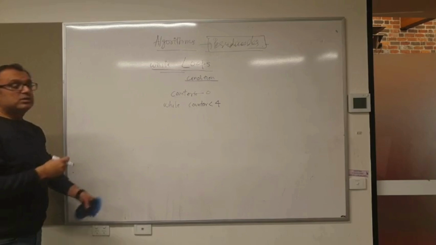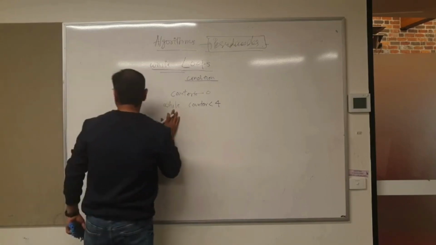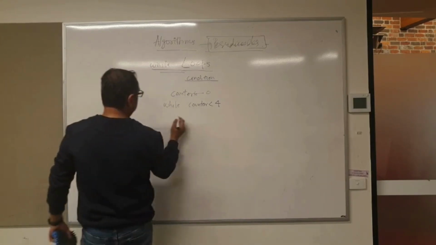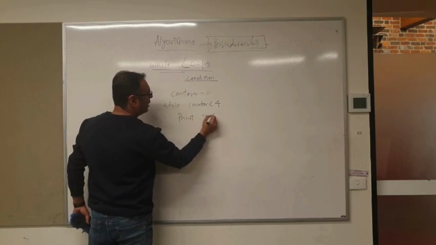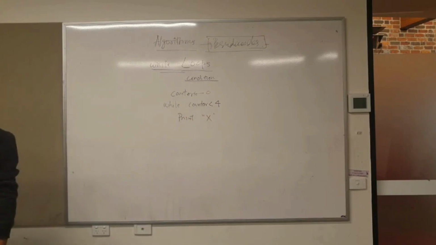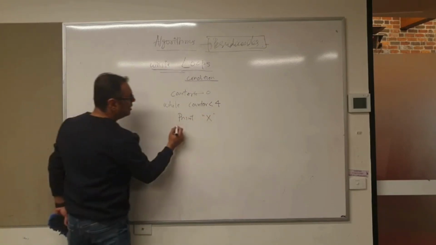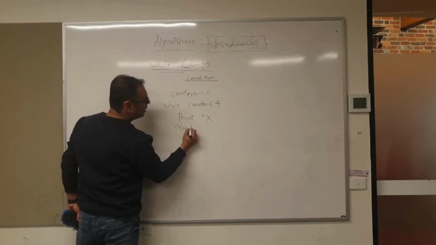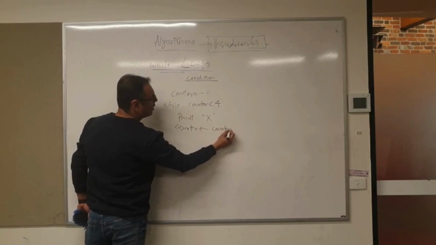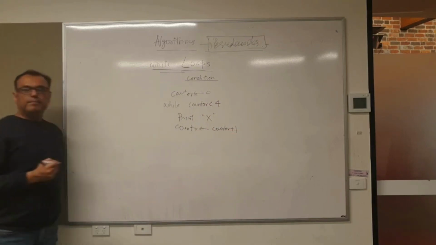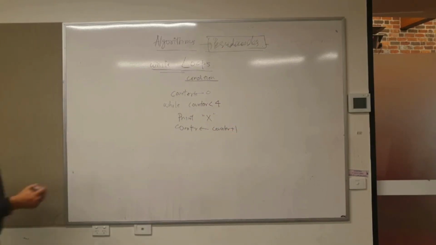While the counter is less than 4, I say print x, and then I say counter equals counter plus 1, and then I say end while.